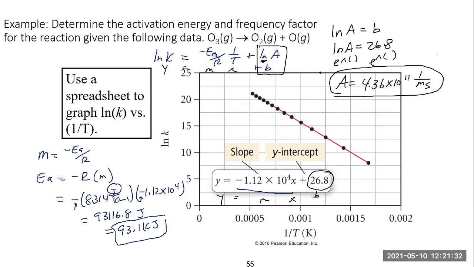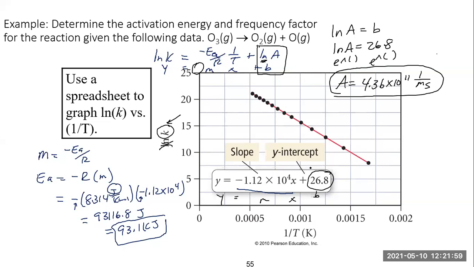Well, when you take the natural log of K, the units go away. When you take e to it, the units come back, basically. And it's the y-intercept, so where it crosses y is basically what we're doing. So when we do that e, we get rid of the natural log, which brings back the units of K, and that's why they usually have the same units. Any questions on that?